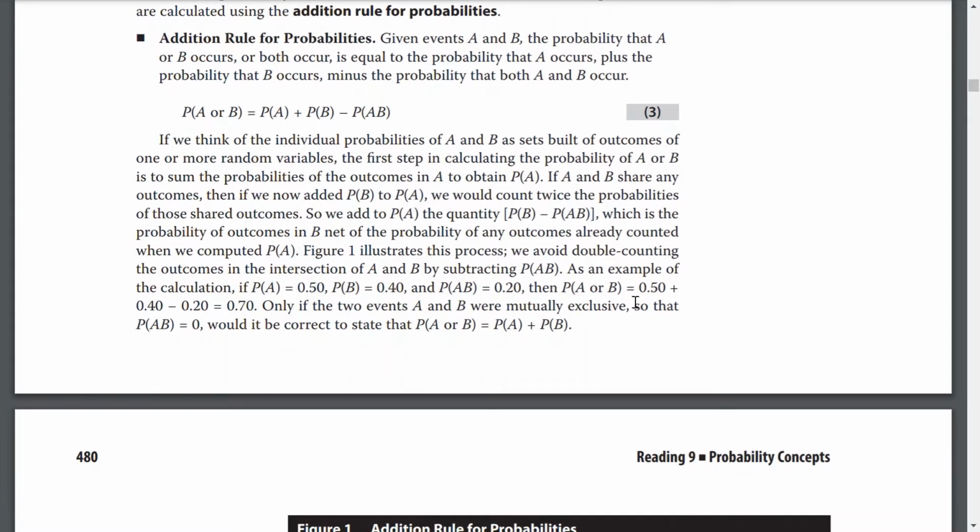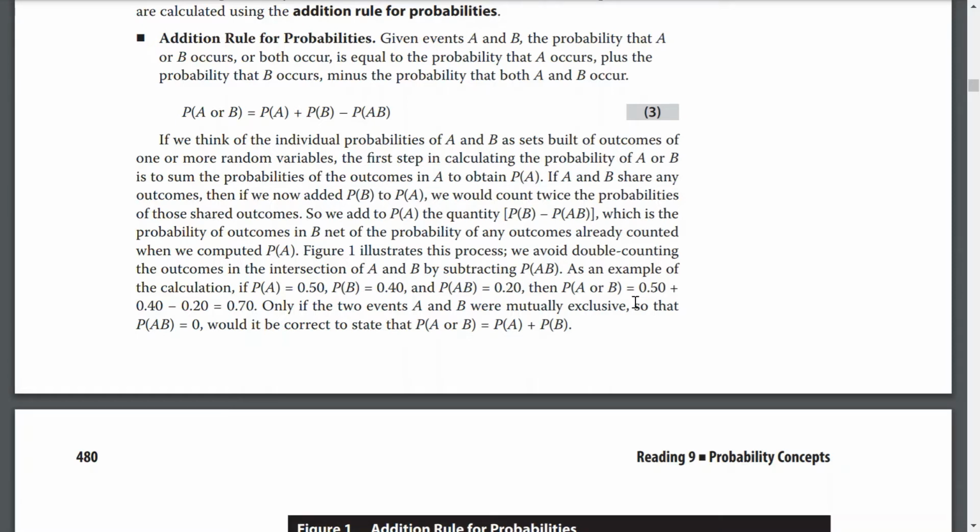If we think of the individual events A and B as sets built of outcomes of one or more random variables, the first step in calculating the probability of A or B is to sum the probabilities of the outcomes in A to obtain the probability of A. If A and B share any outcomes, then when we add the probability of B to the probability of A, we will count twice the probabilities of those shared outcomes.